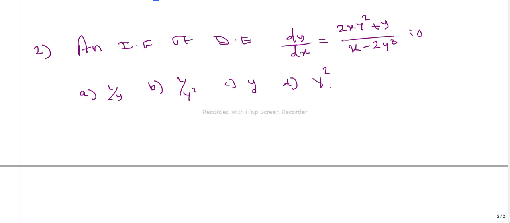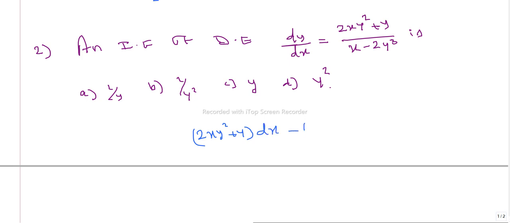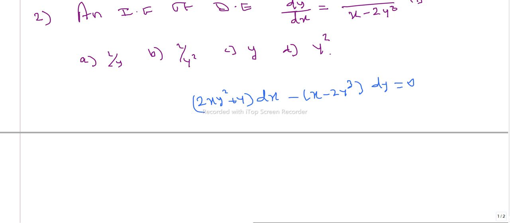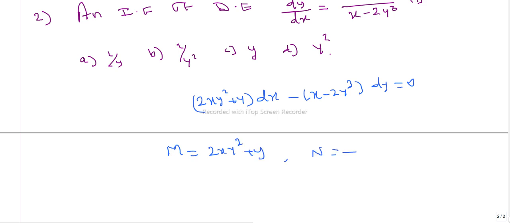So what is m? m is nothing but the coefficient of dx. We can rewrite the given equation by cross multiplying: we get (2x y square plus y) into dx. Taking the other side, we get minus (x minus 2y cube) into dy equal to 0. So m equal to 2x y square plus y, and n is minus (x minus 2y cube).